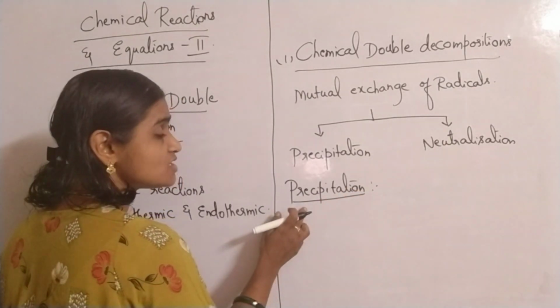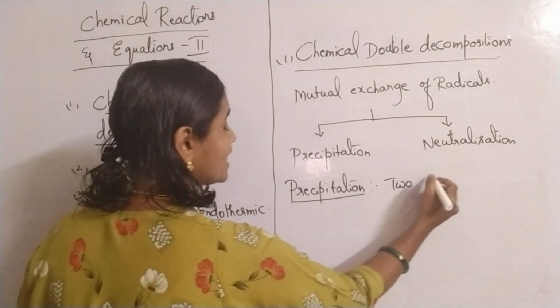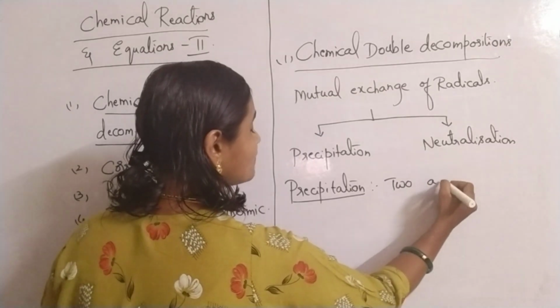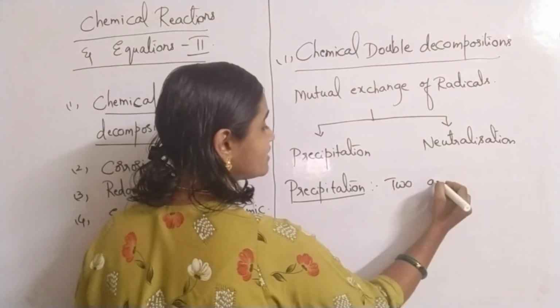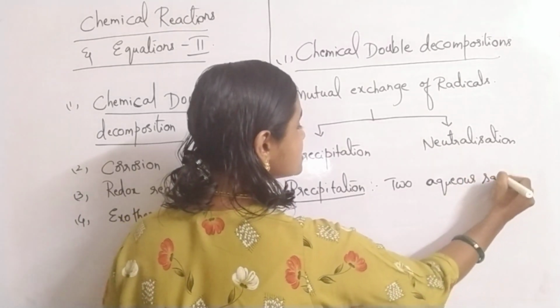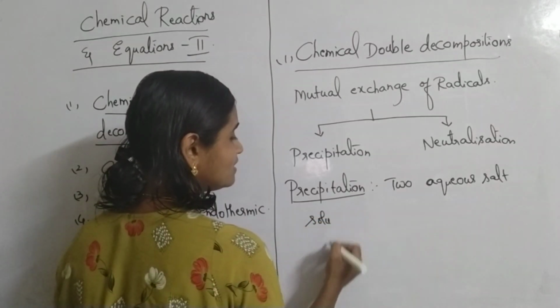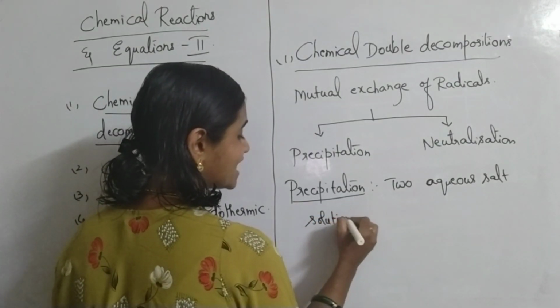Precipitation reactions are formed when two aqueous salt solutions are mixed. Then you get an insoluble solid substance which settles down.